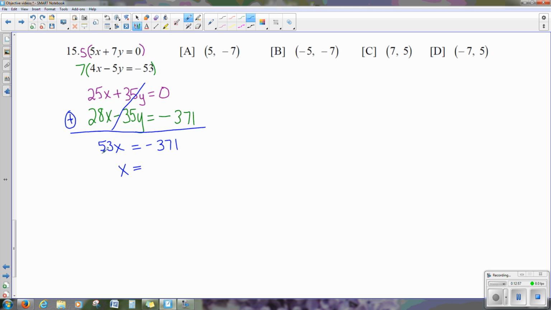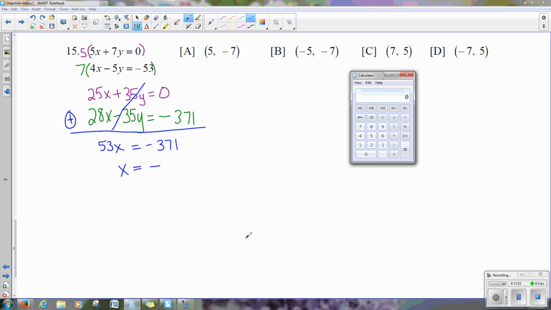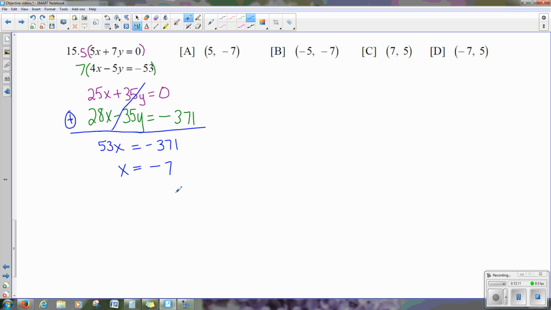So when I divide both sides by 53, I know I'm going to get a negative, and 371 divided by 53 is 7. Okay, so I have an x value of negative 7. This is a y value of negative 7.